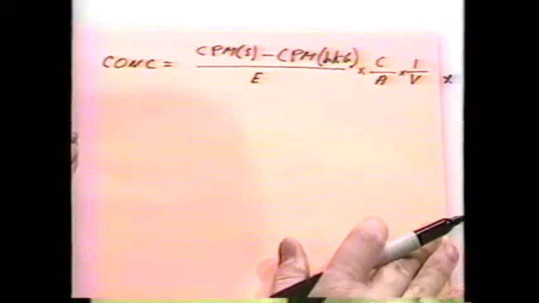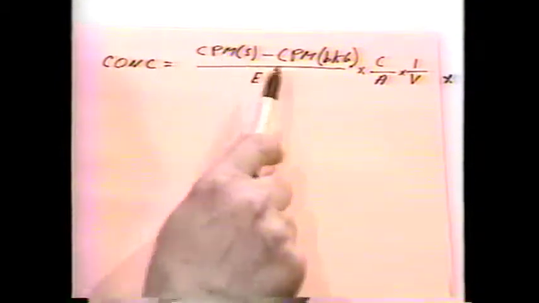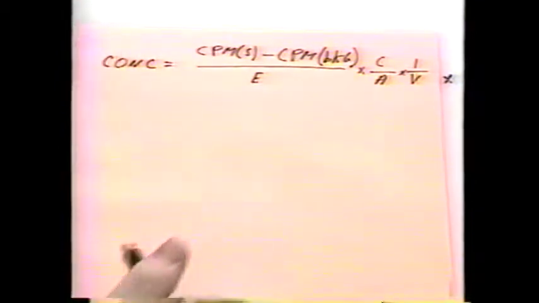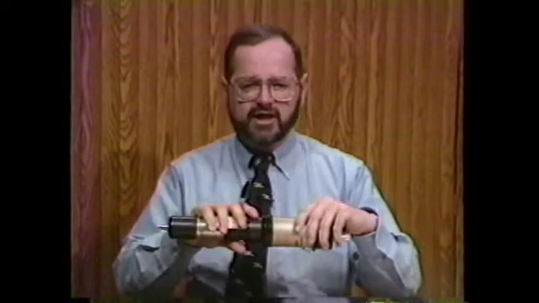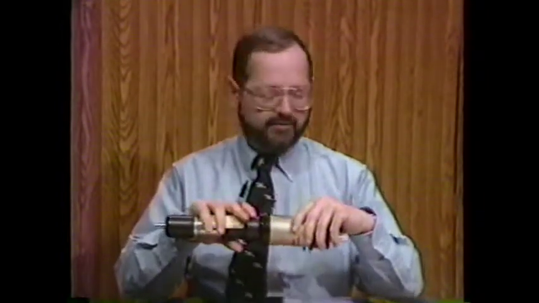Now, in this case, we have to get the background counts per minute, and the way we do that is we take the phototube with a fresh scintillation cell, that is a scintillation cell which has been purged with nitrogen or is brand new, has no activity in it at all, and we put the scintillation cell in front of the photo tube, and we count that up for a prescribed number of minutes, and we see so many counts per minute.